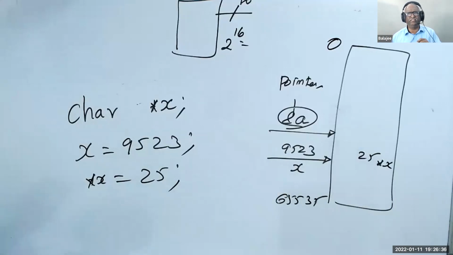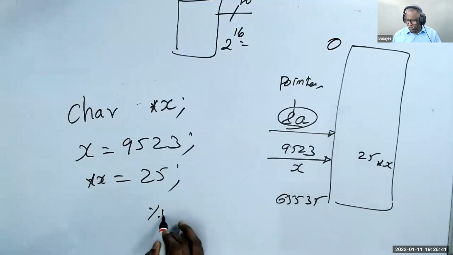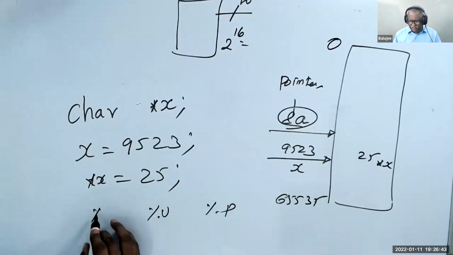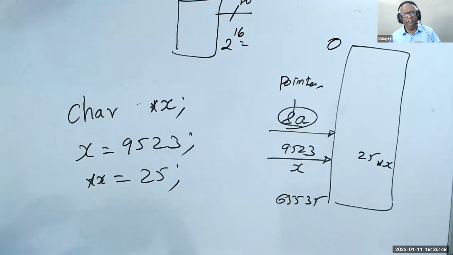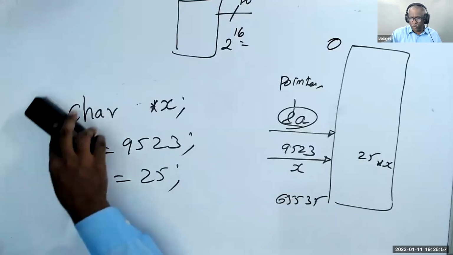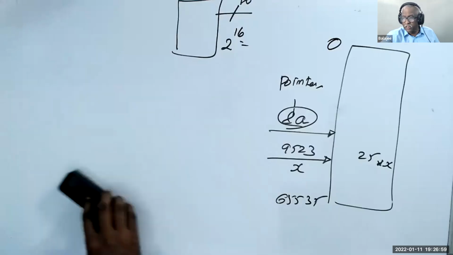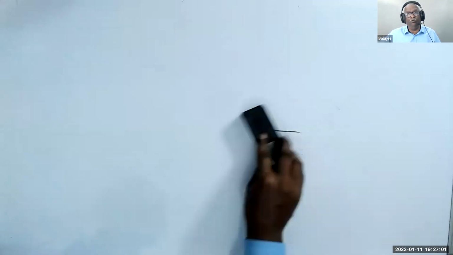Percentage U or percentage P or percentage X, let us not worry now which one you use in the printf. That is only printing. U means unsigned, X is hexadecimal and P is a pointer. That's the only thing.